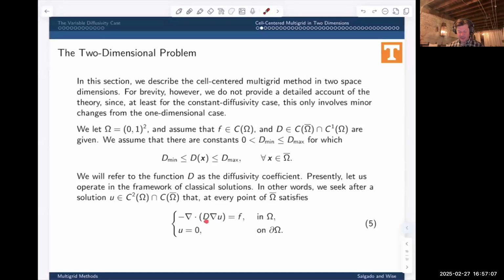So this is a scalar times a vector, right? A scalar times a vector is going to give us a vector, and then we take the divergence of that. The diffusion coefficient, or diffusivity, satisfies something similar to what it did before. It has to be bounded below, well away from 0, and bounded above. Otherwise, we're going to seek a classical solution for this problem.